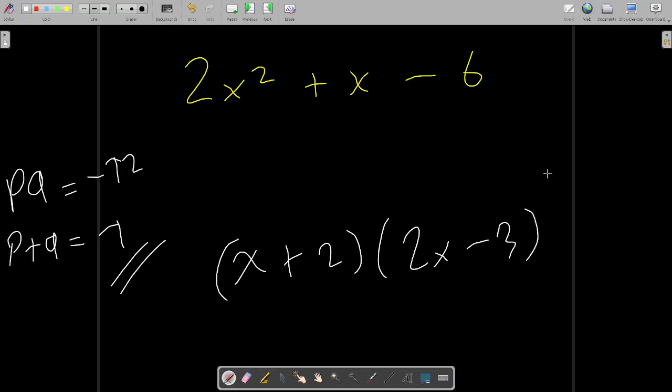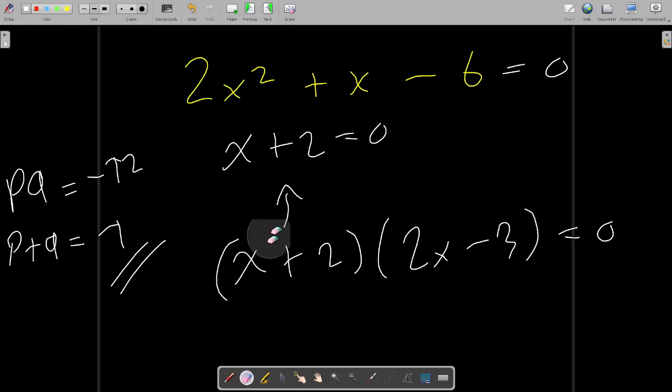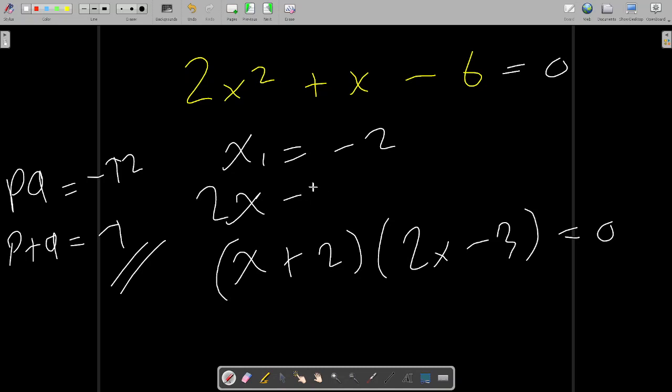Then again, if you're looking for the roots, that is when this is equal to 0 and this is equal to 0. x plus 2 equals 0. For the first root, we subtract 2 from both sides, minus 2, minus 2, and x equals negative 2. So the first root is negative 2. Second one, 2x minus 3.